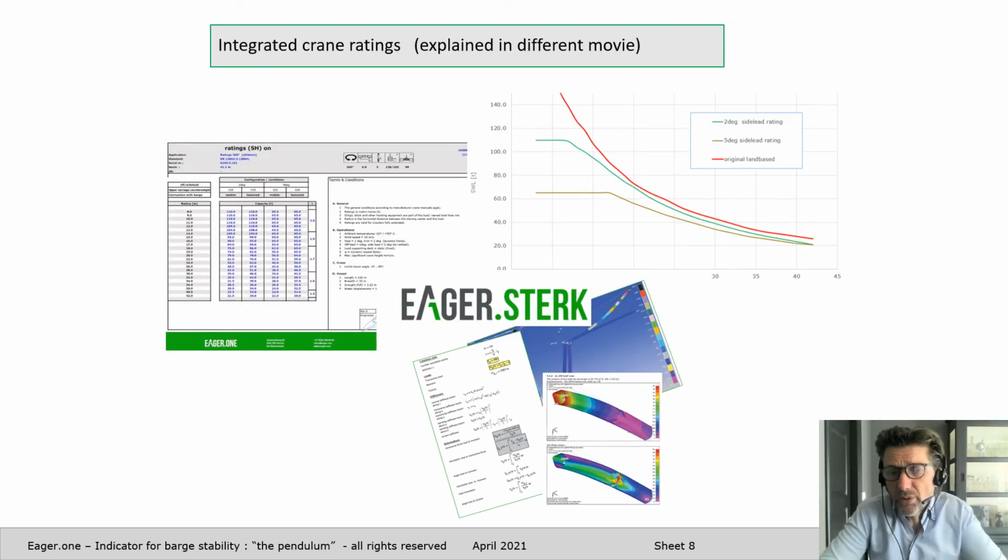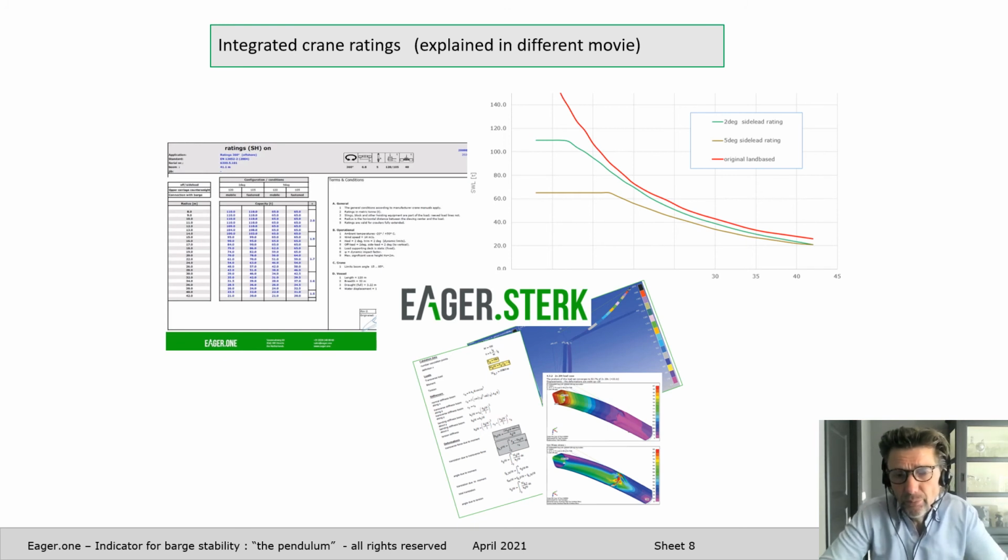Now we know that we can do a quick scan on stability of a crane on a barge. It is good to know, as a side note to this presentation, that ratings are always needed to have a safe situation. Ratings are always needed when you have a combination of a crane on a floating support.